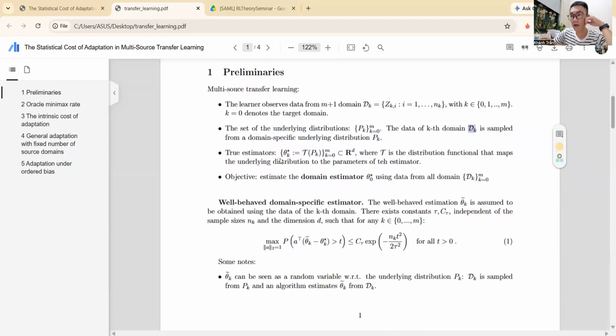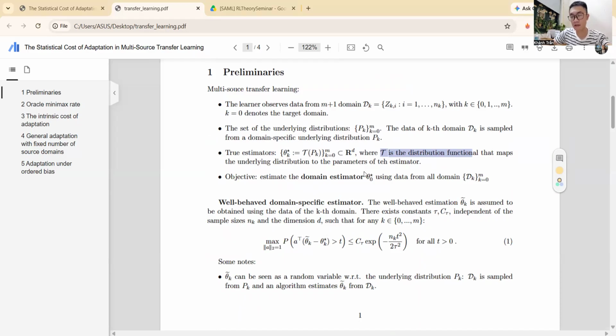For each domain, we want to estimate theta, and theta star is the true parameter of domain k, derived by a function T that maps the underlying distribution to the parameter.